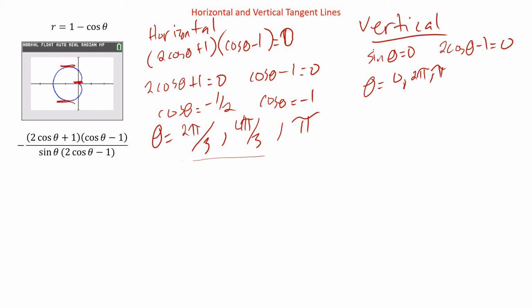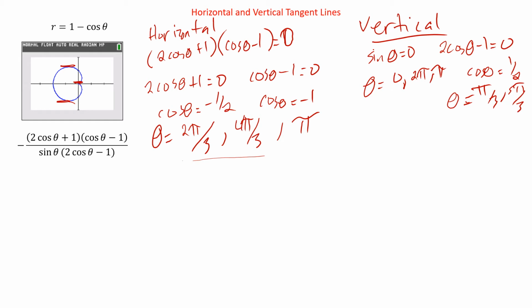And here, we need cosine of theta to equal positive 1/2, which, as opposed to the negative 1/2, gives us theta equals pi over 3 and 5 pi over 3.